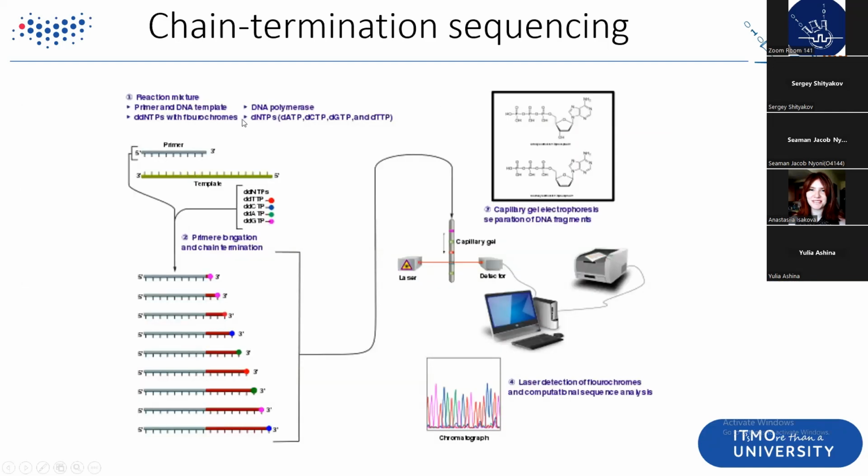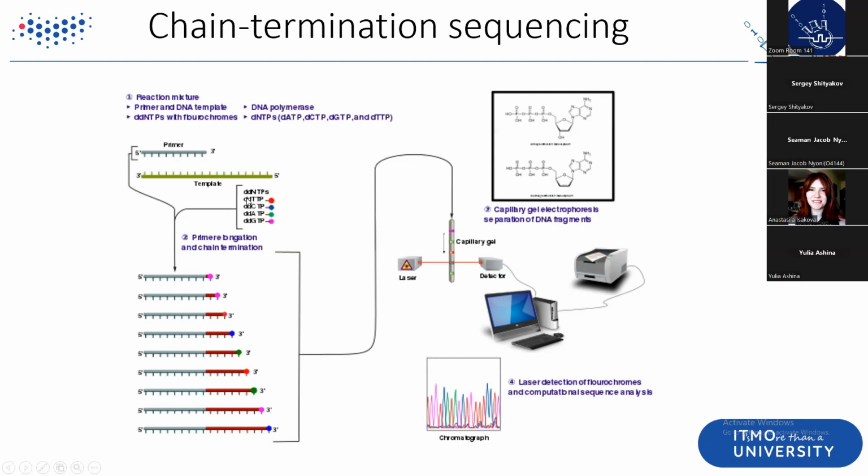So in a template, the dNTPs, deoxynucleotides, instead of dNTPs here, ddNTPs are used. And these ddNTPs are marked with different reporter molecules.